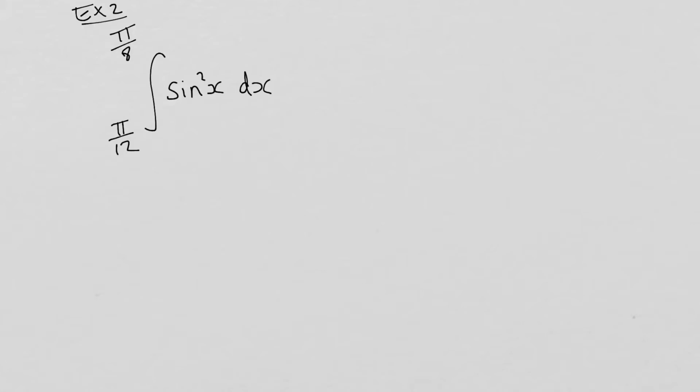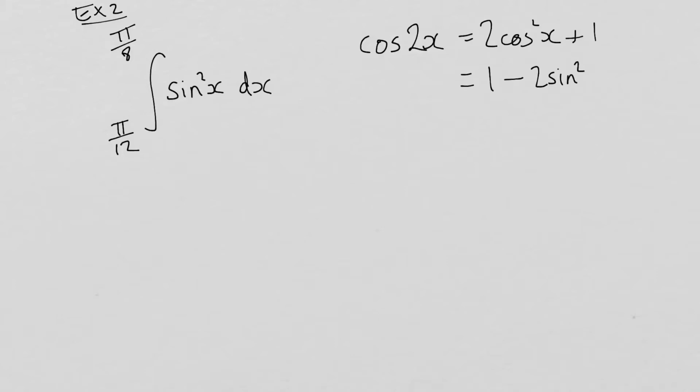So yeah, hopefully you remember that for sine squared of x, I've always said to consider the double angle formula for cosine. So cosine of 2x, it has got several versions. You've got the 2 cosine squared of x minus 1. The version that we're going to be interested in, though, is the one that involves the sine squared of x, so 1 minus 2 sine squared of x here.